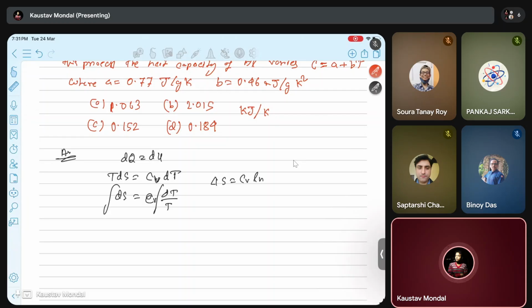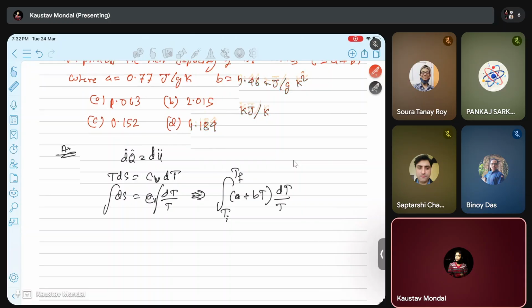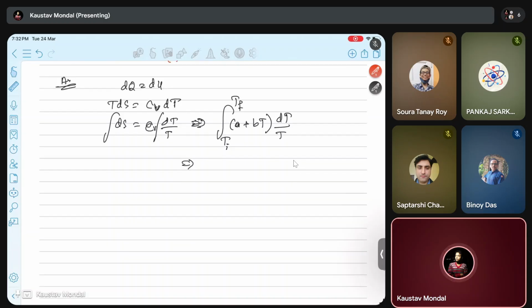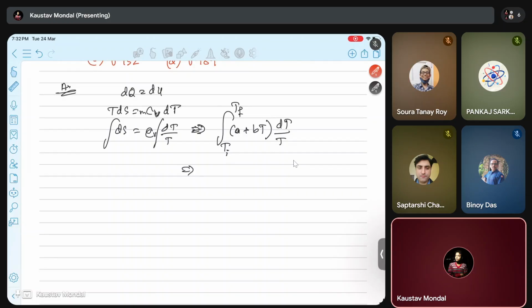When you do the integration, it will not be as simple as this. Cv is also dependent upon the temperature, so the integration also includes the Cv. So it will be written like this: integration from T initial to T final of (A plus B into T) into dT by T. There is also M in the formula.